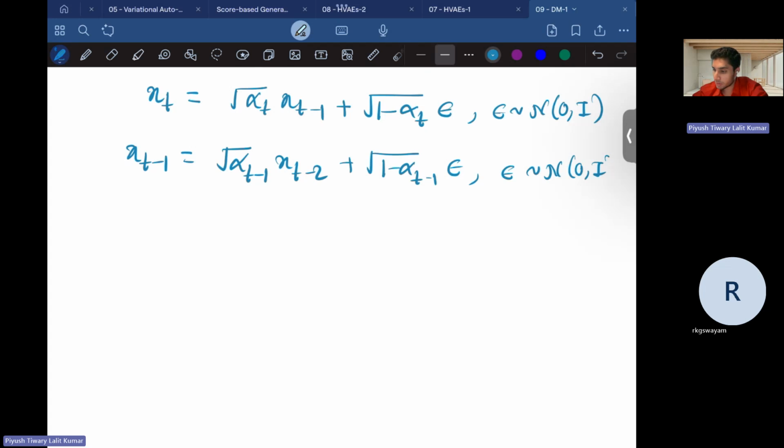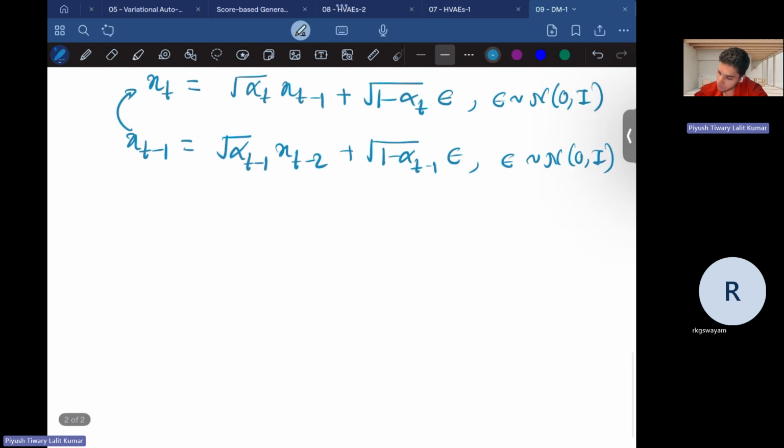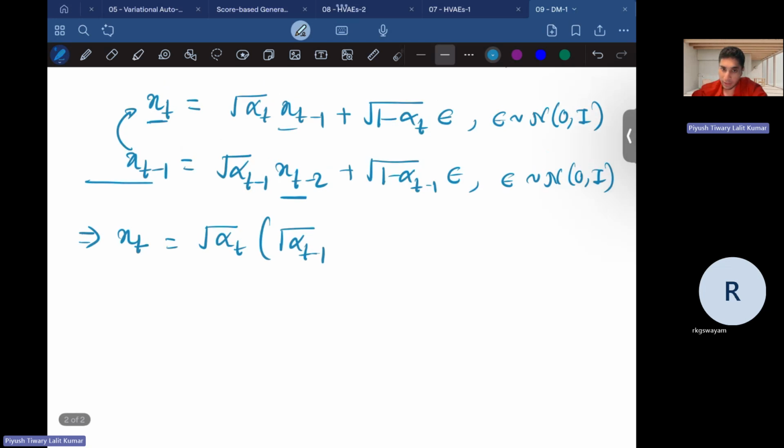Now you can recursively substitute this in this equation. So xt is basically, if I write xt in terms of xt minus 2 instead of xt minus 1, this will be root of alpha t times xt minus 1, where I substitute this equation here.